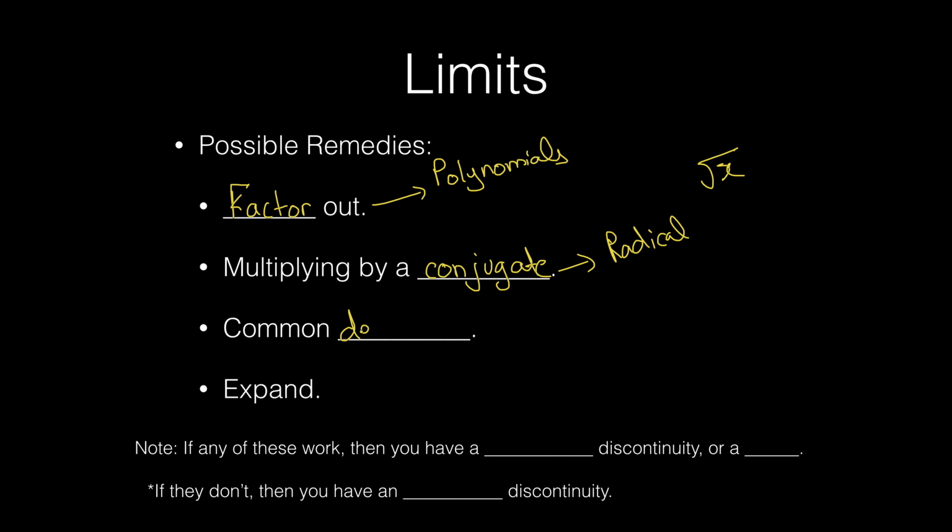Common denominator has to do with fractions. Or expand. This is when you have stuff like a square. If you have stuff like that, you can go ahead and expand it.